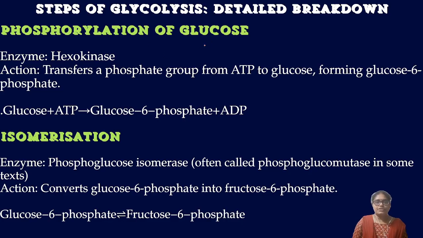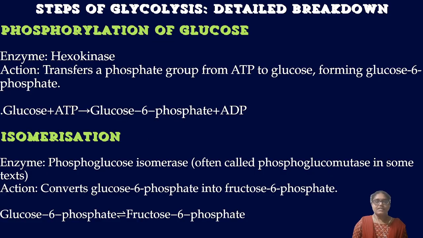Phosphorylation of glucose transfers a phosphate group from ATP to glucose, forming glucose 6-phosphate. In the presence of the enzyme hexokinase, glucose reacts with an ATP molecule to give glucose 6-phosphate and ADP.